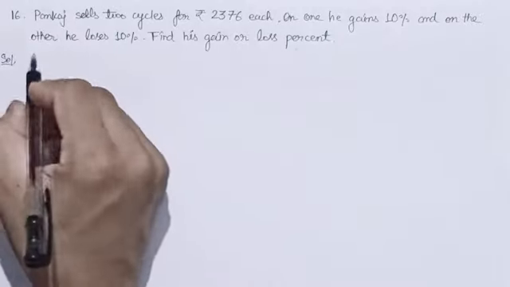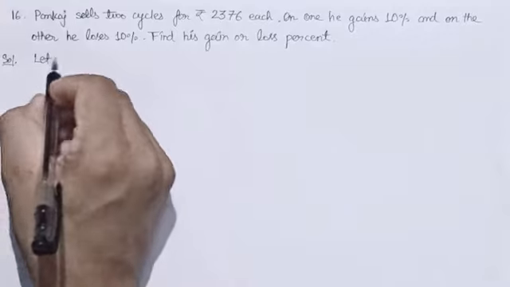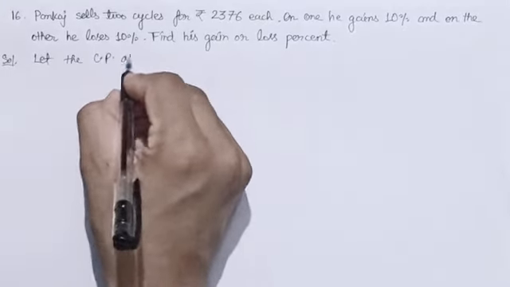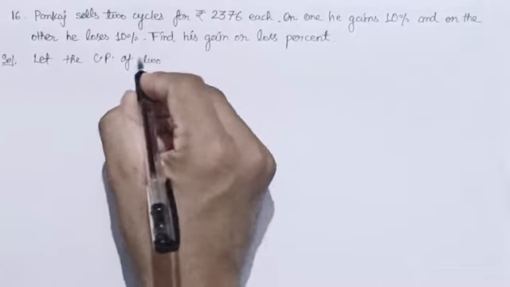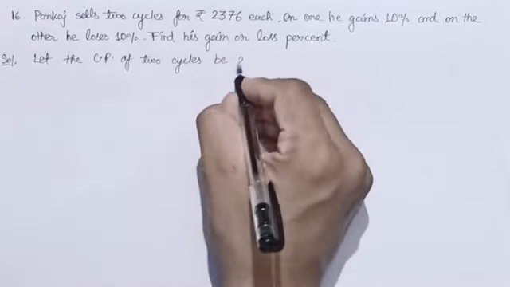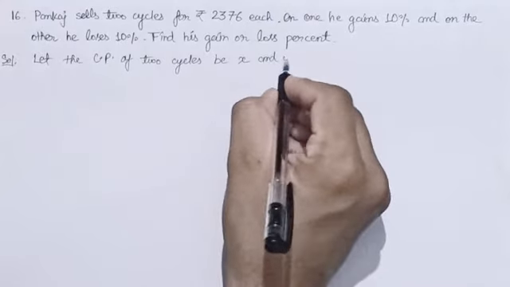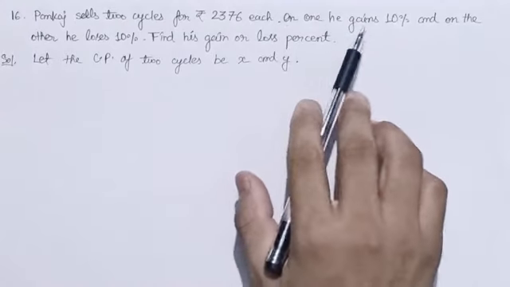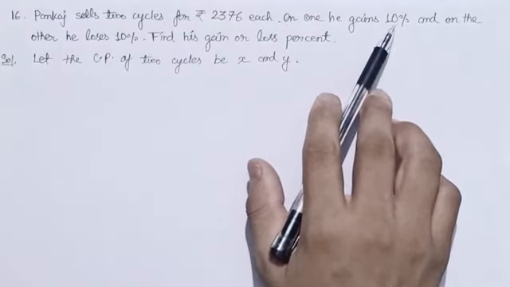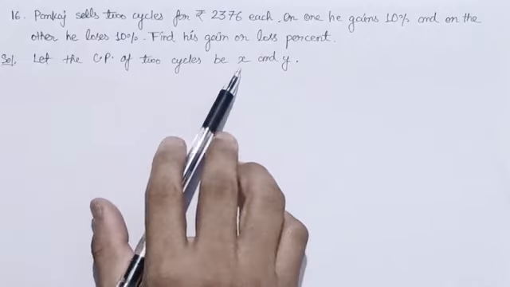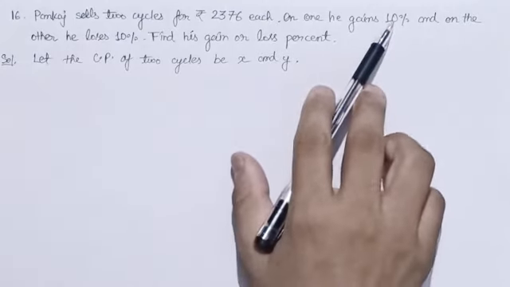So first let us suppose, let the CP of the 2 cycles be X and Y. Okay. On one cycle he gains 10%. Let us suppose on the cycle whose cost price is X, he gains 10%.